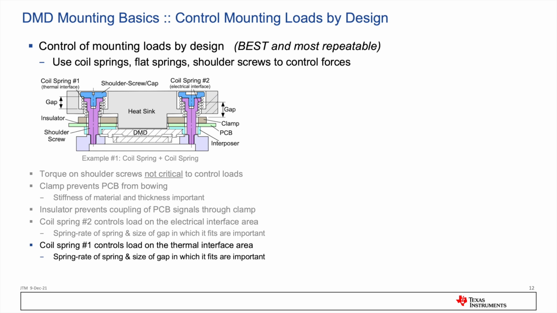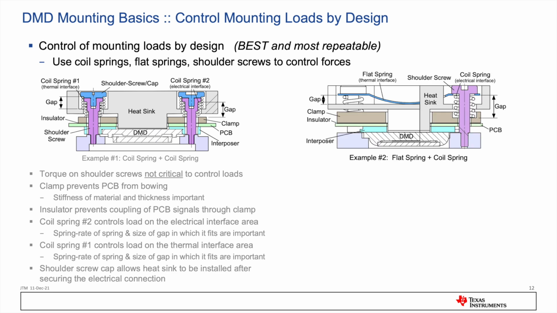The spring rate of the spring and size of the gap in which it fits are important to control the load. The nominal and range of forces are easily calculated when using coil springs and shoulder screws. This design uses a second set of shoulder screws, which allows the electrical connection to be secured before adding the heatsink.